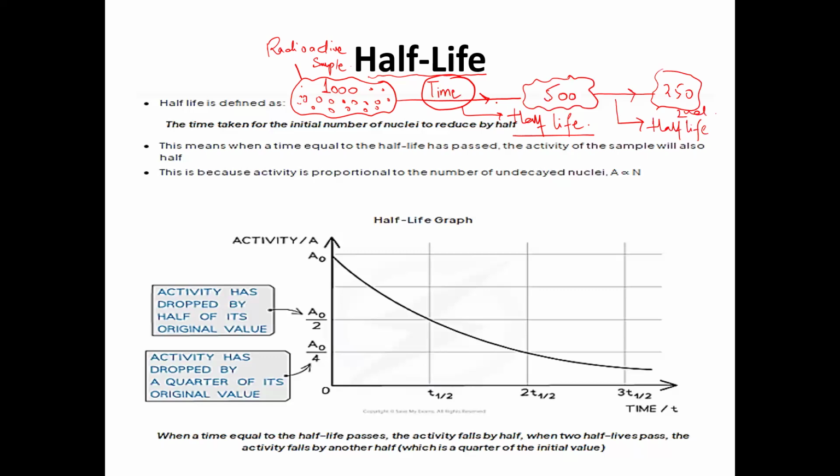So there will be a first half-life, then a second half-life. Then this 250 will further disintegrate and the remaining will be 125. That will happen after the third half-life. And this procedure is going to continue as long as the radioactive substance sustains.